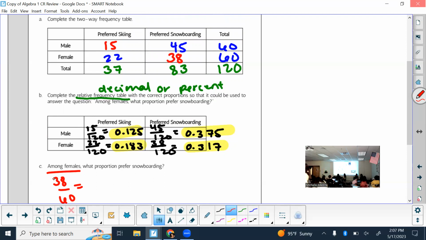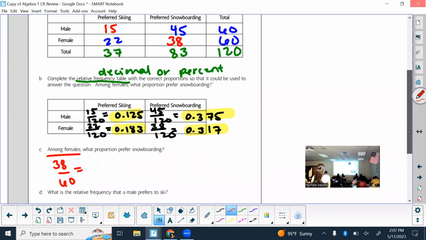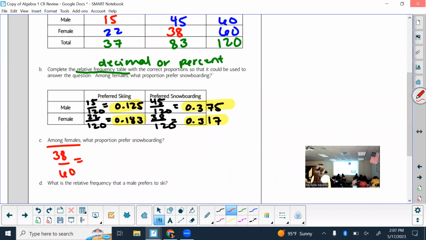So that kind of tells you how to set up your fraction. The numerator should never be bigger than the denominator. And then you just really have to read it closely. So like out of the females or out of the people that prefer something, that tells you what your denominator should be. If it just says out of the people surveyed, then it would be by 120. But it just depends. So then you put that in your calculator.